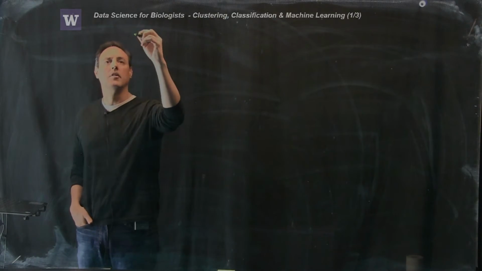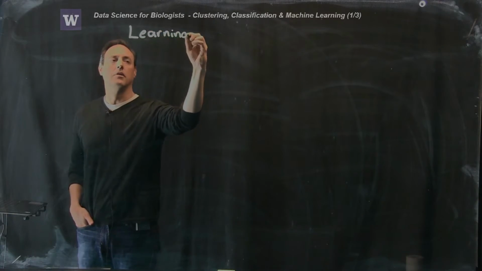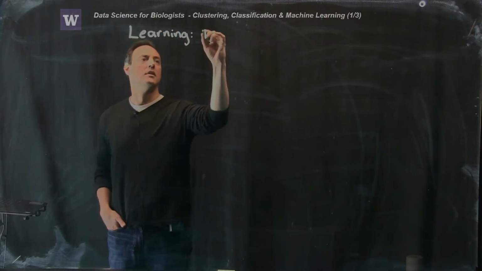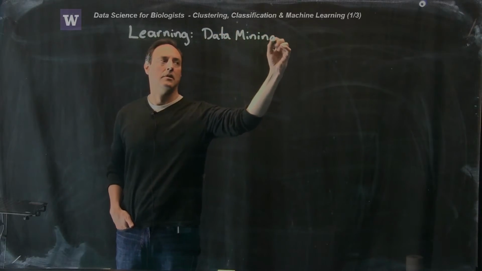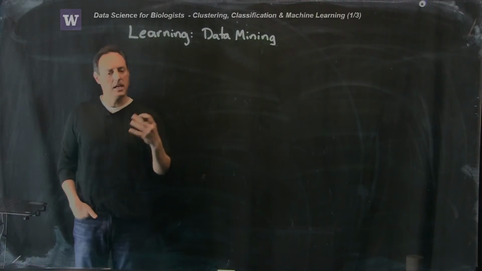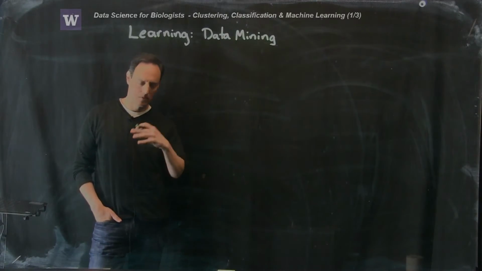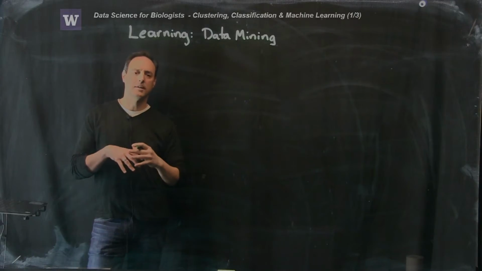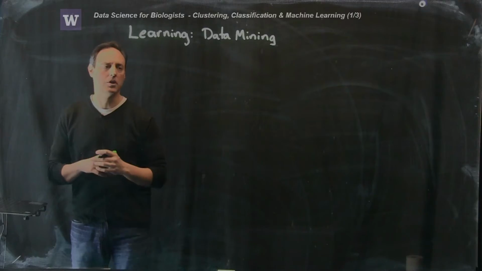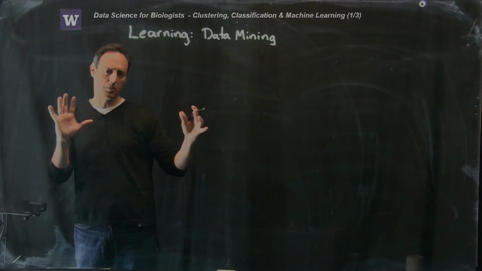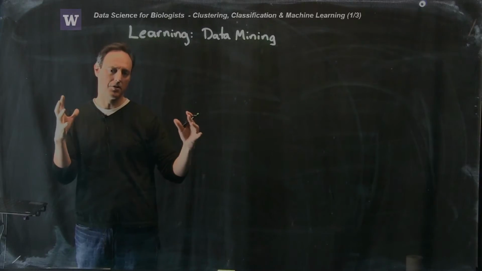We might think about this generically as learning, or you might just call it data mining. The idea is to take that data and look for structure in it, and it comes in two broad techniques. I'm going to go through both of them now, and in this series of lectures we'll cover a lot of the key technologies and methodologies around these methods.